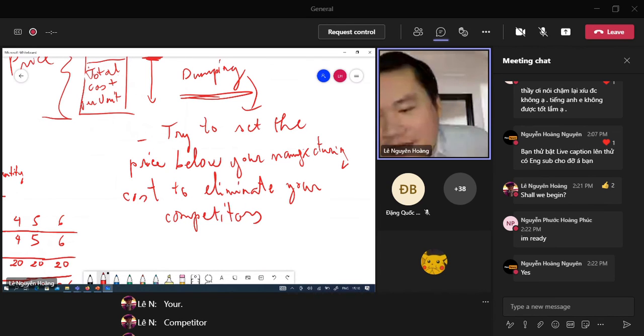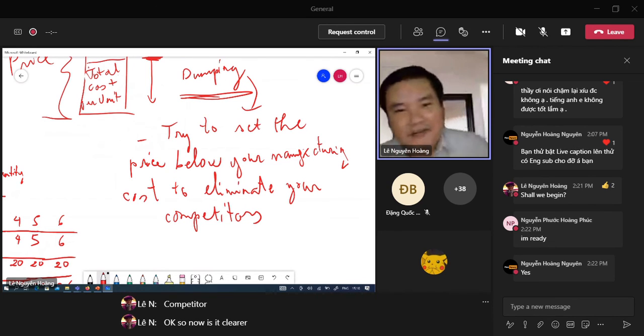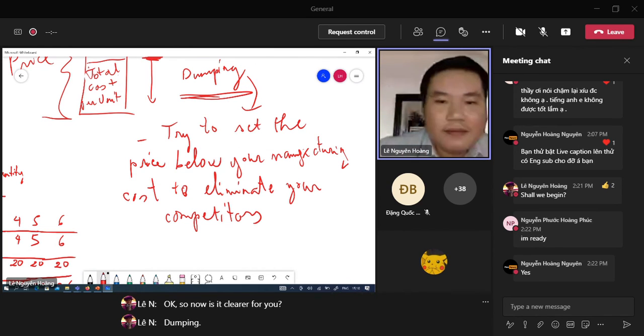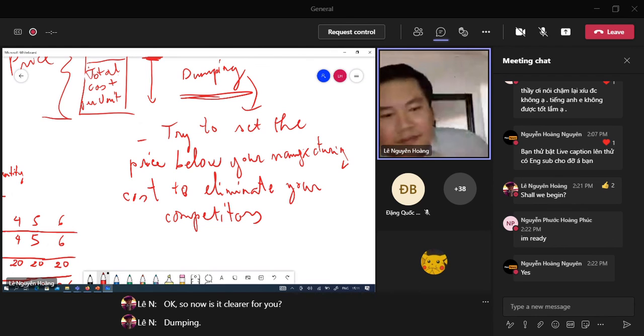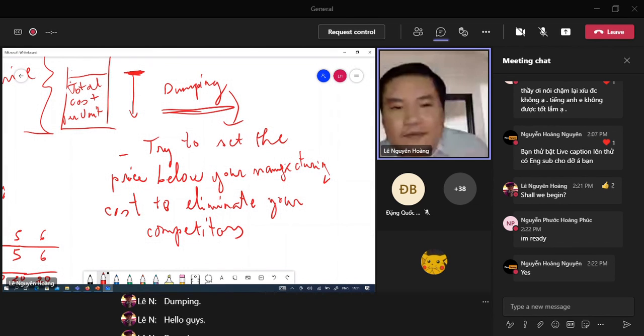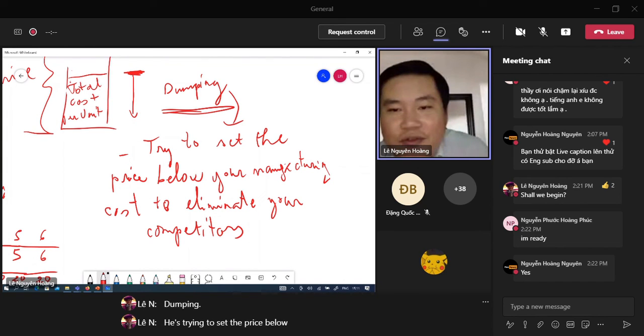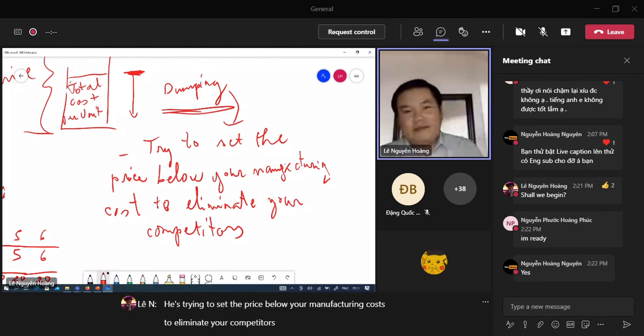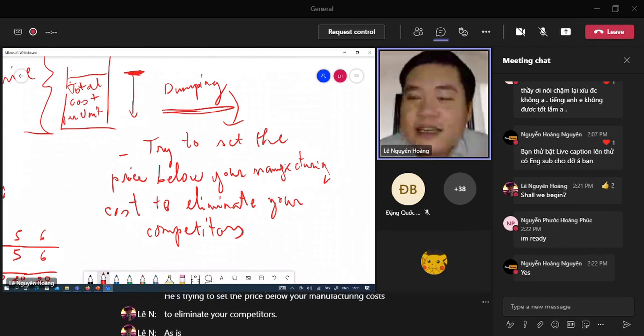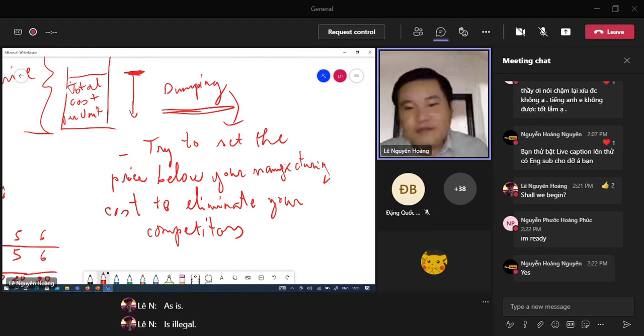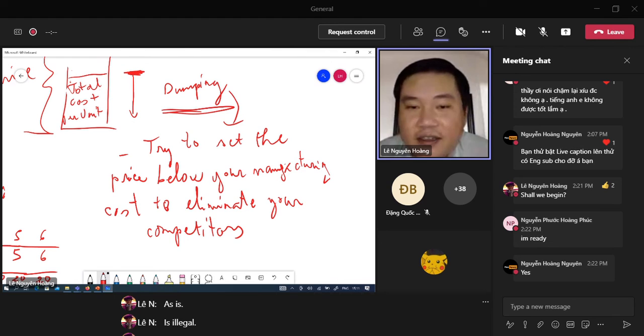Okay, now is it clearer for you? Dumping? Hello guys? Dumping is trying to set the price below your manufacturing cost to eliminate your competitors. And it's illegal. It's against the law.